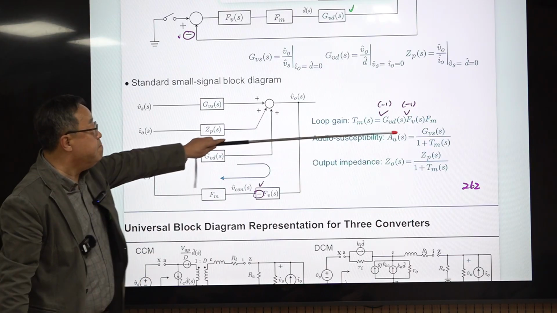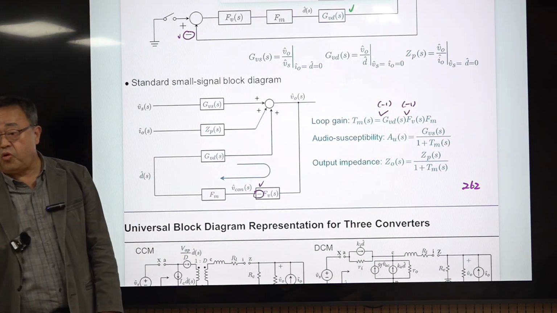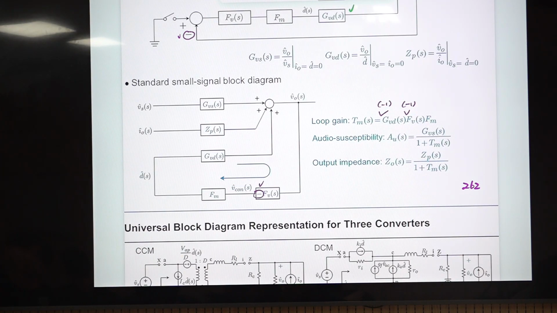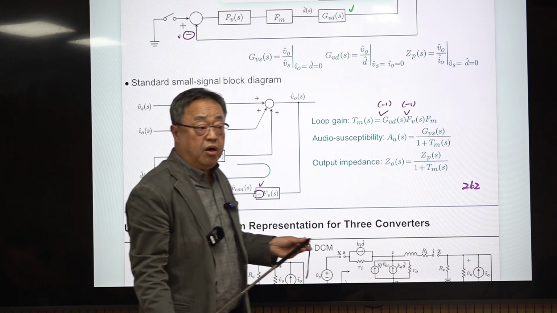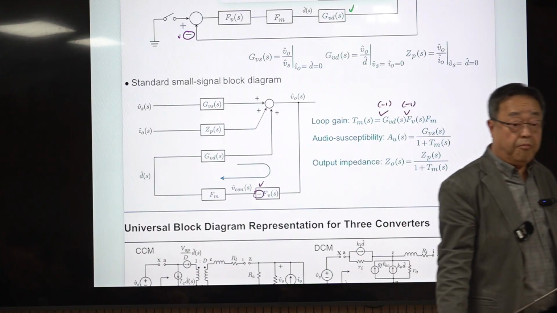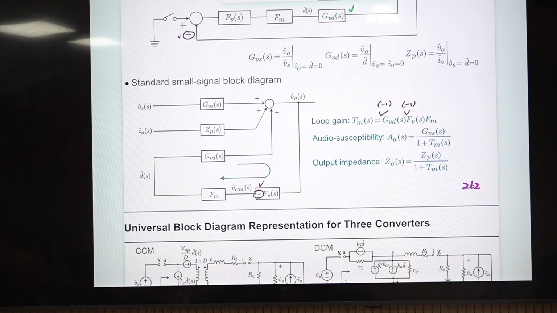So this loop gain carries all the information about stability, and in particular phase margin is very important. That can be used as the prime metric for the closed loop performance of the converter. So that is very important.